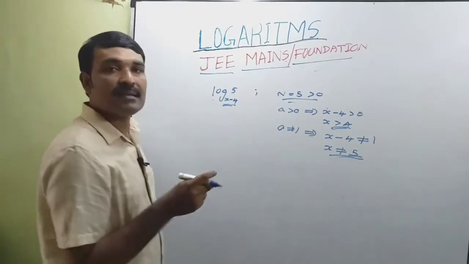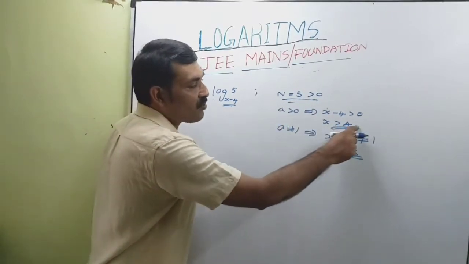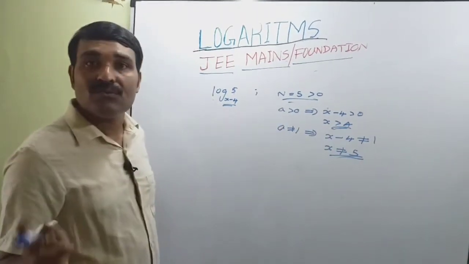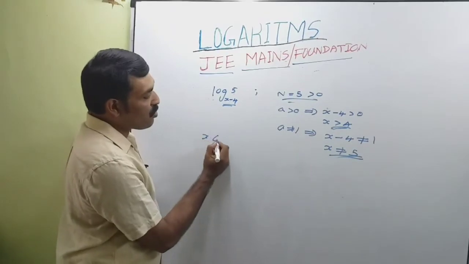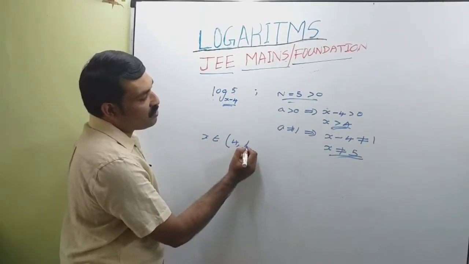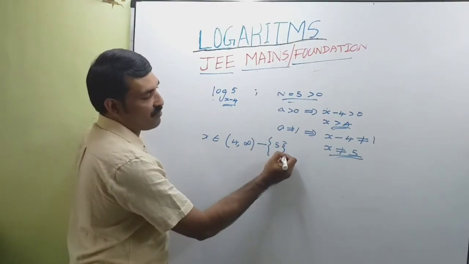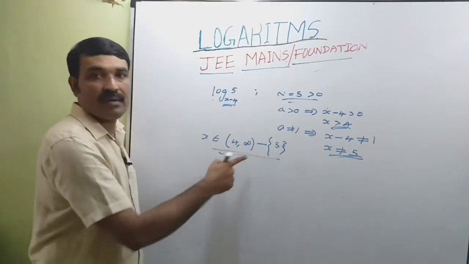So these are the values obtained by three conditions. Now by comparing this, x is greater than 4 and x is not equal to 5. So x belongs to open interval 4 to infinity excluding 5.